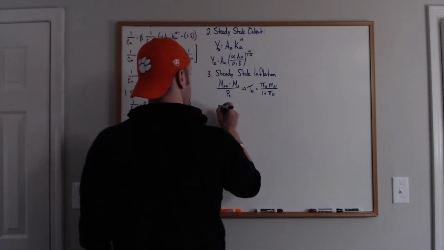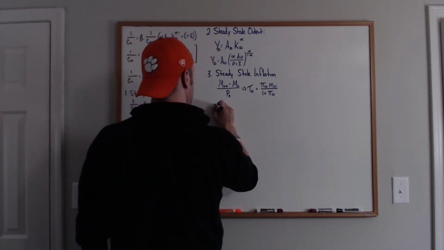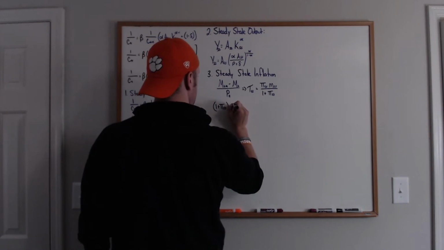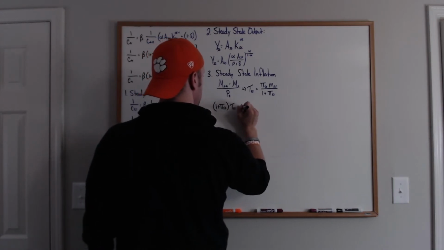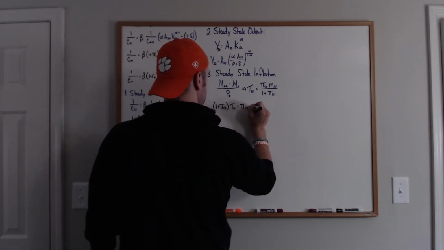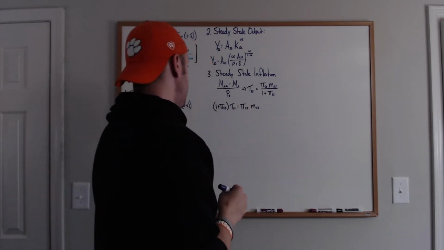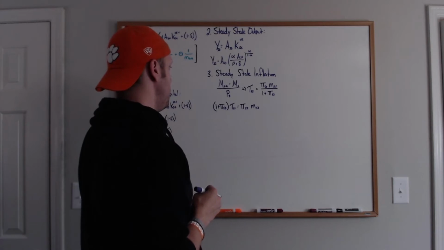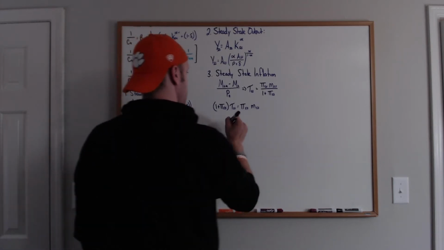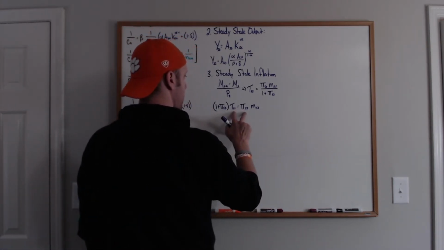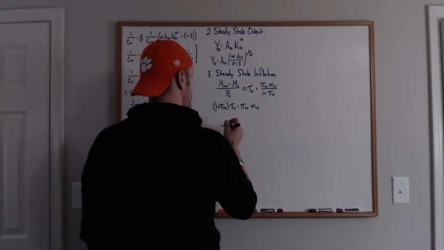Well, let's see. 1 plus pi SS times tau SS equals pi SS times MSS. Well, we divide both sides by tau and both sides by pi.